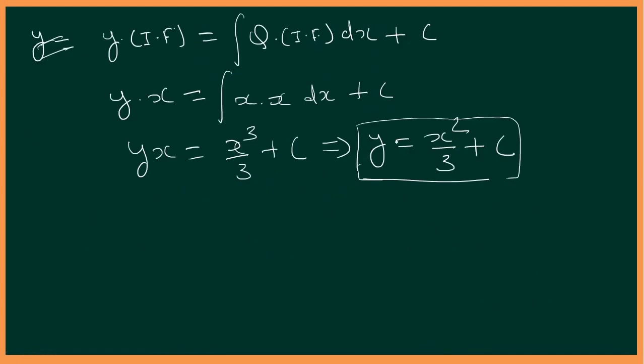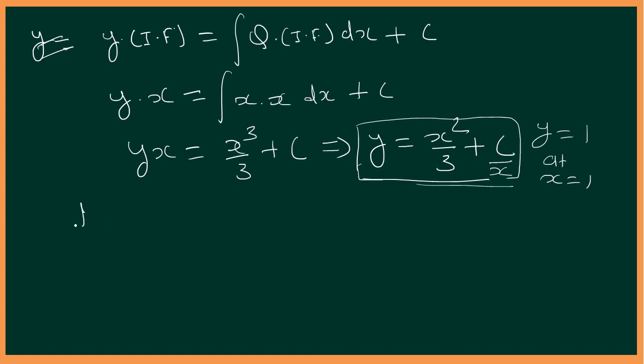Okay, let's see here. If we divide by x, you will get c by x here. Now apply the condition y is equal to 1 at x is equal to 1. So put y equal to 1 and x equal to 1 in this equation.